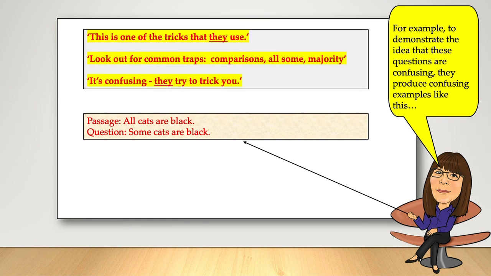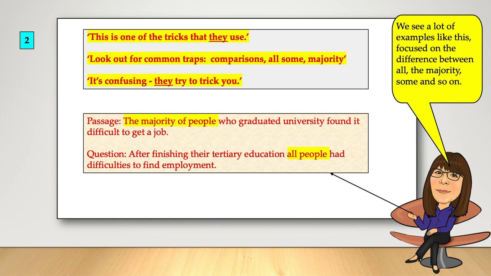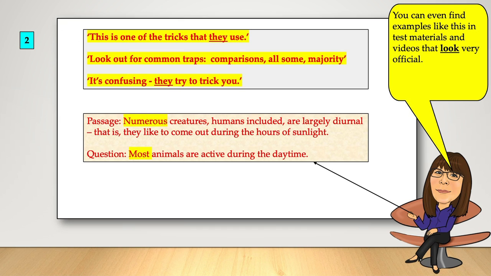For example, to demonstrate the idea that these questions are confusing, they produce confusing examples like this, where we're told the passage will say, all cats are black, and the question will say, some cats are black. We see a lot of examples like this, focused on the difference between all, the majority, some, and so on. You can even find examples like this in test materials and videos that look very official.